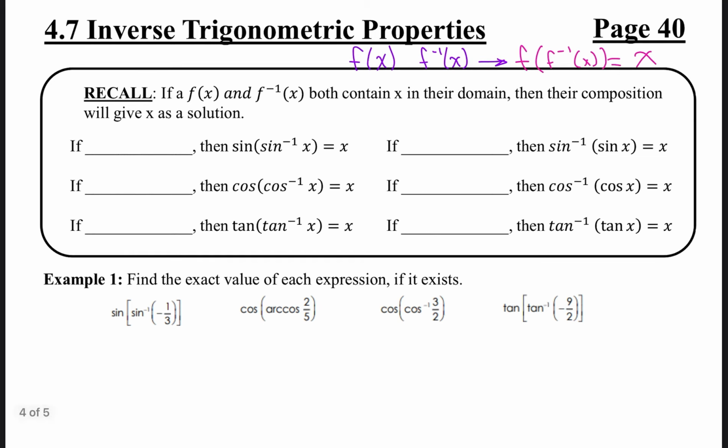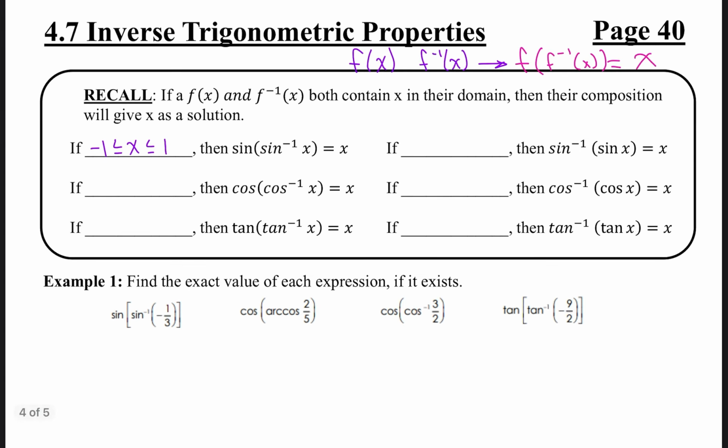What that means is, for example, with sine, as long as x is a value between -1 and 1, and it can equal -1 and 1, then it would simplify to just x. Cosine was the same way. Cosine used the same properties, that the range was -1 to 1. So as long as x is between those two values, you will, no matter what, get a solution that simplifies to x.